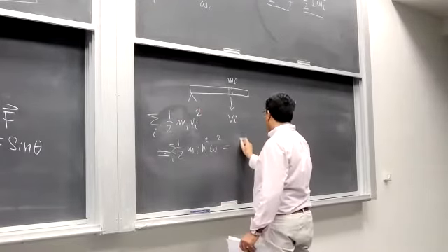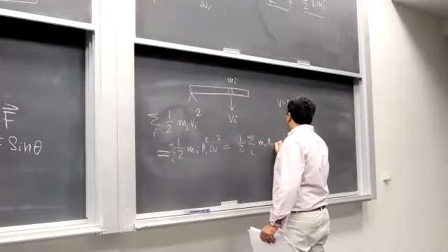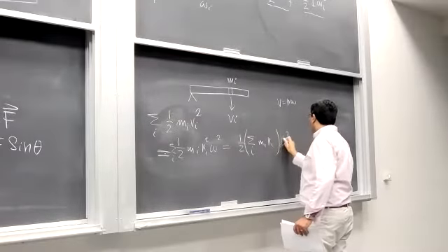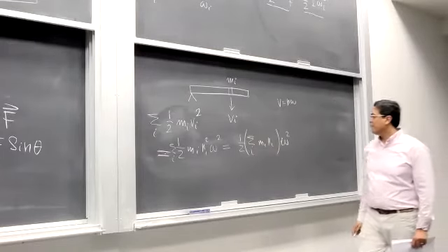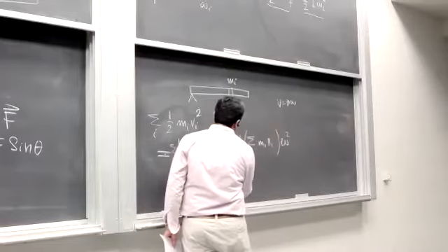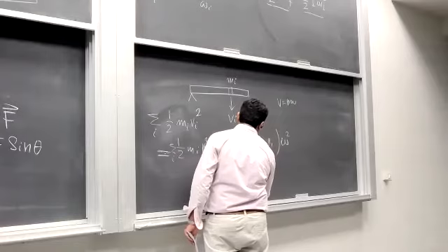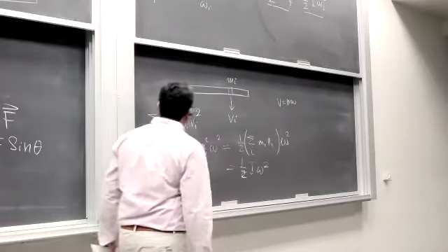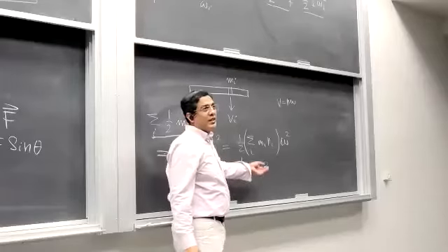Let me just rewrite: half sum m_i r_i squared, omega squared. What is this then? The moment of inertia, no? So half I omega squared. So this indeed, half I omega squared, is the kinetic energy.